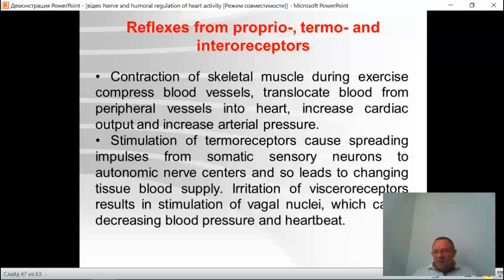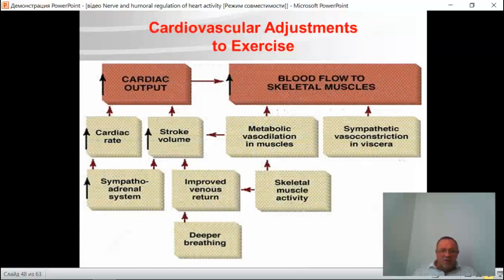Stimulation of thermoreceptors causes spreading of impulses from somatic sensory neurons to autonomic nerve centers and so leads to changes in tissue blood supply. Irritation of visceral receptors results in stimulation of vagal nuclei, which causes decreasing blood pressure and heartbeat.